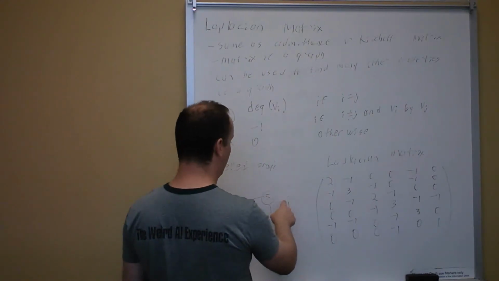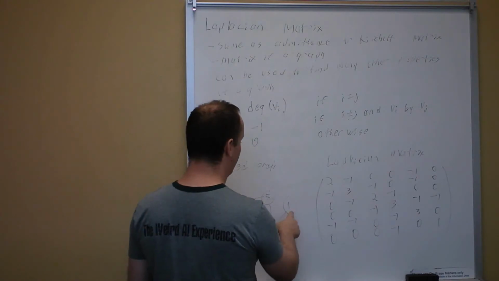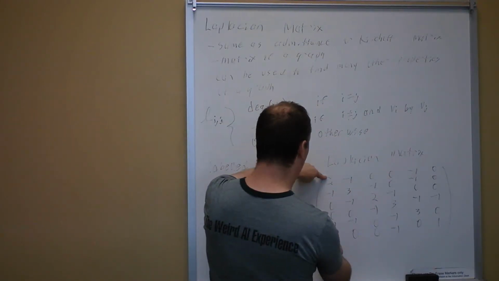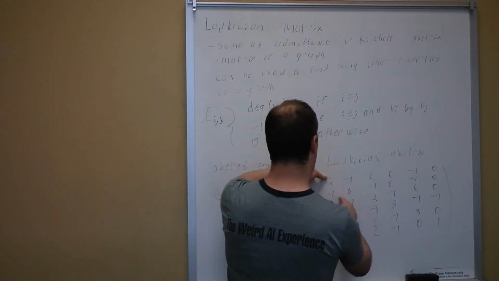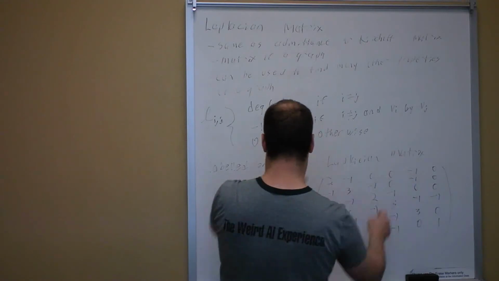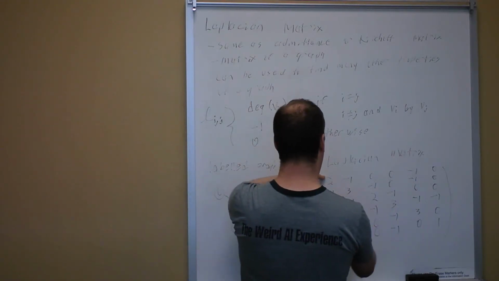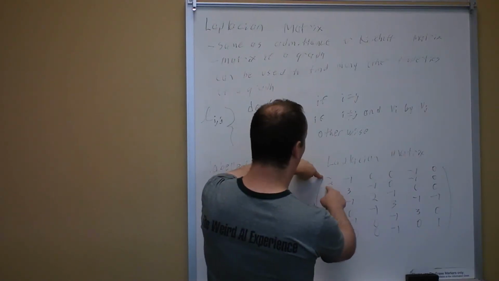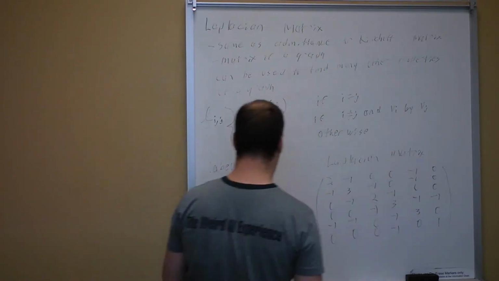It's also next to vertex 5 and vertex 2. So at 1, 5, and at 5, 1, you have a minus 1. And then at 1, 2, and 2, 1, you have a minus 1. And then everywhere else for 1, you have zeros.